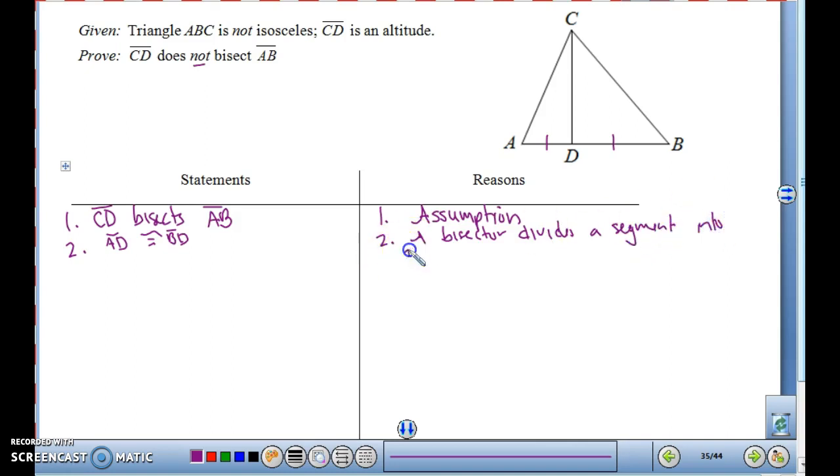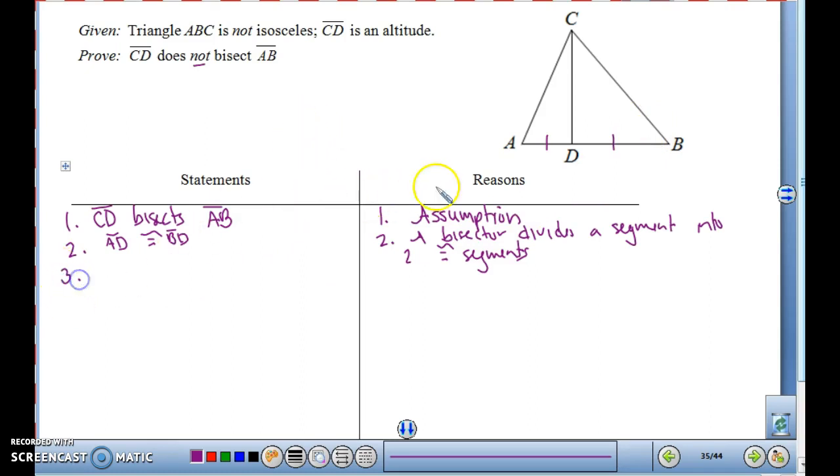Now, I want to prove that it really is an isosceles triangle. If it was, AC and BC would be congruent, but that's not really true. So I'm going to prove the two triangles congruent, and then prove that this is an isosceles triangle when it really isn't.